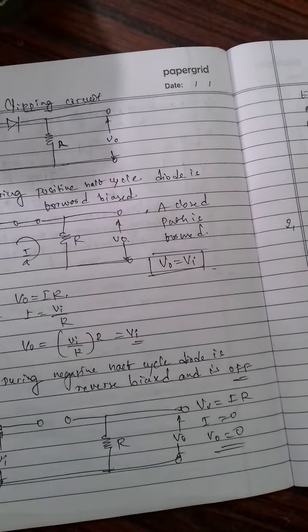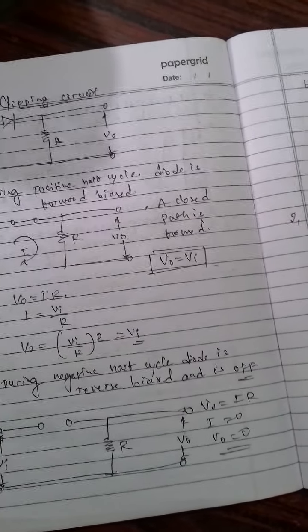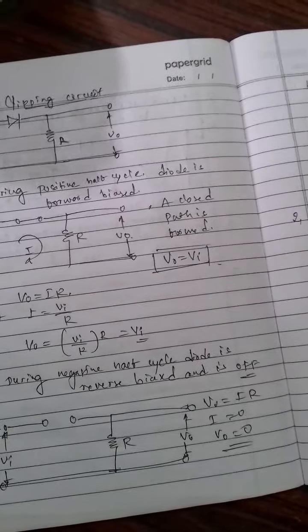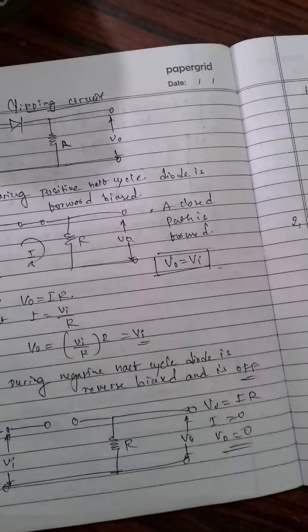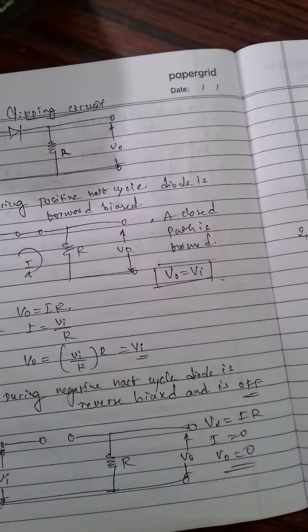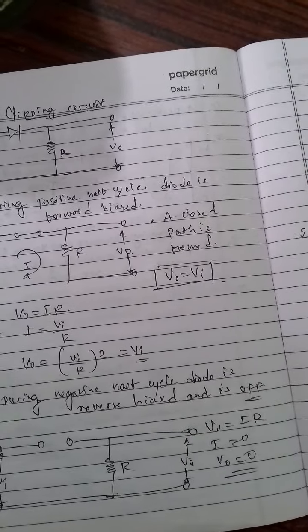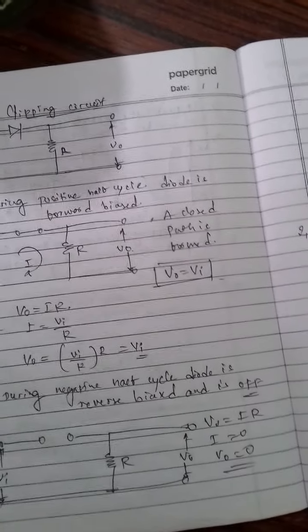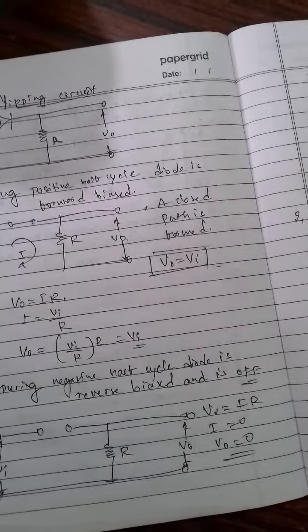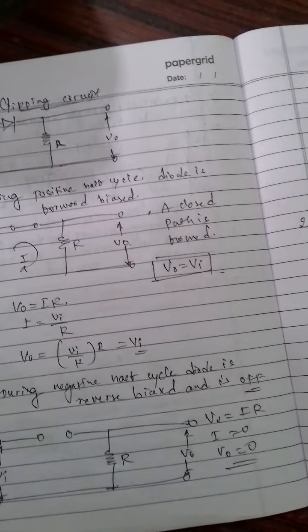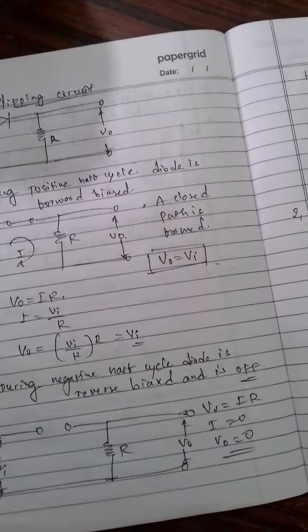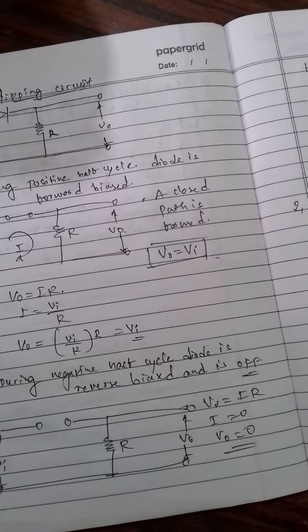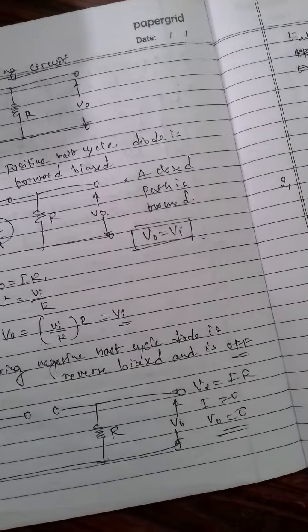Here, when the diode is replaced by an open circuit, the drop of voltage across the resistance R is equal to the output voltage.